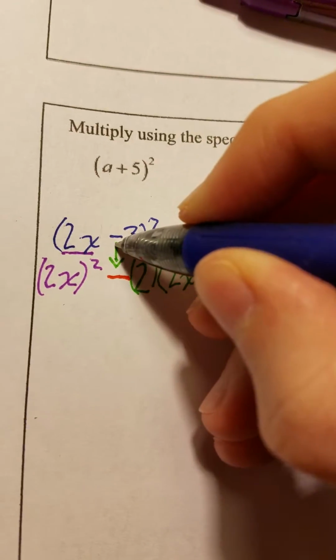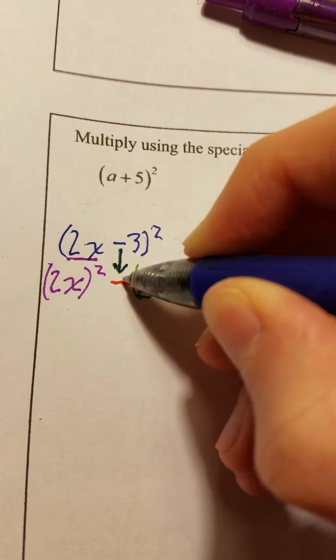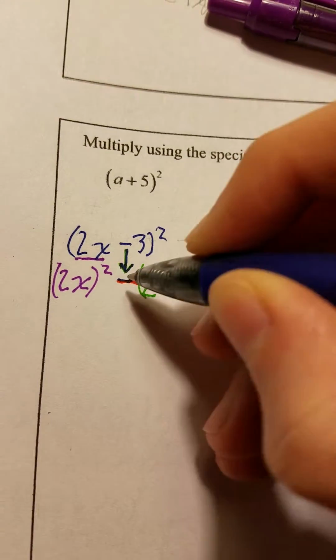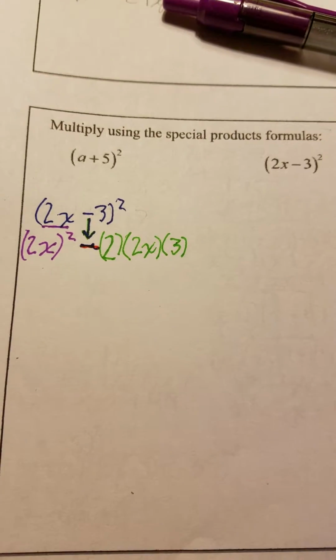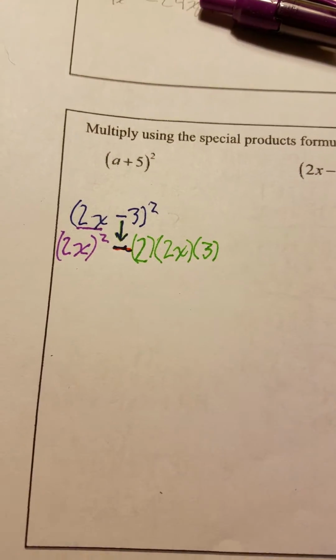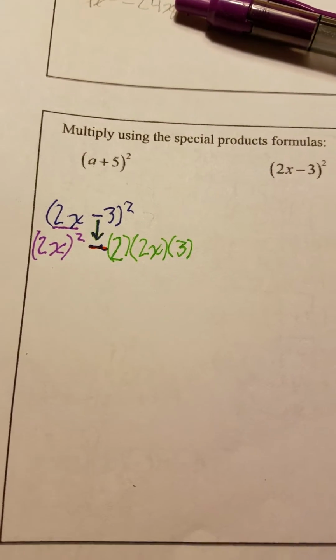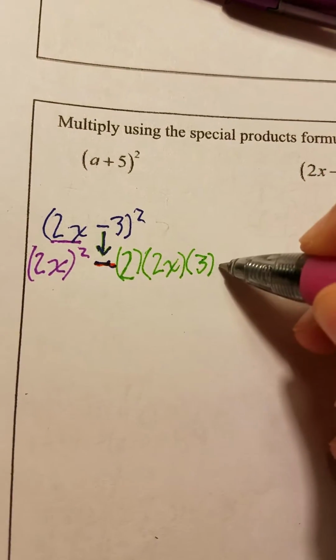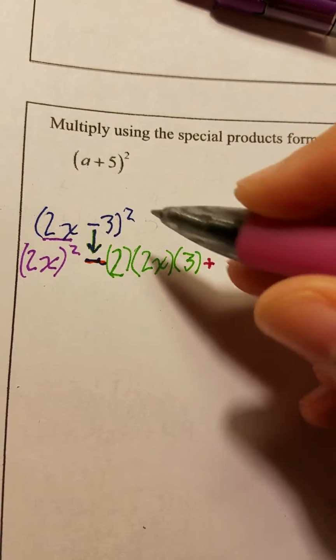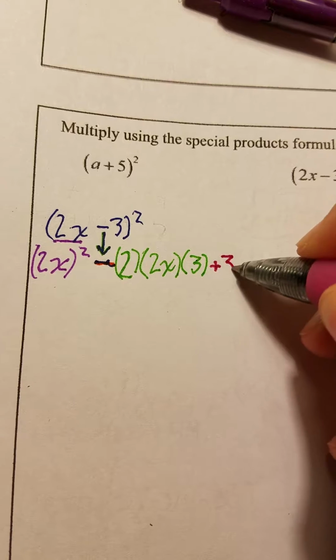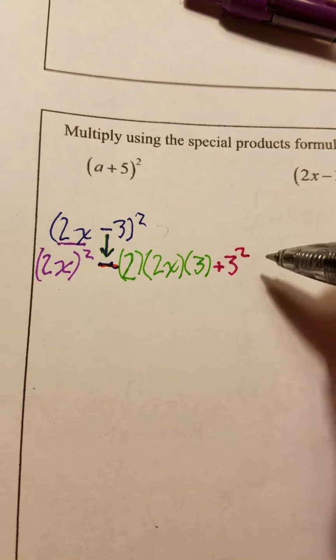So we took this minus sign and we just stuck it there. Basically, that's what we did. Then we square the last one, which is the 3.